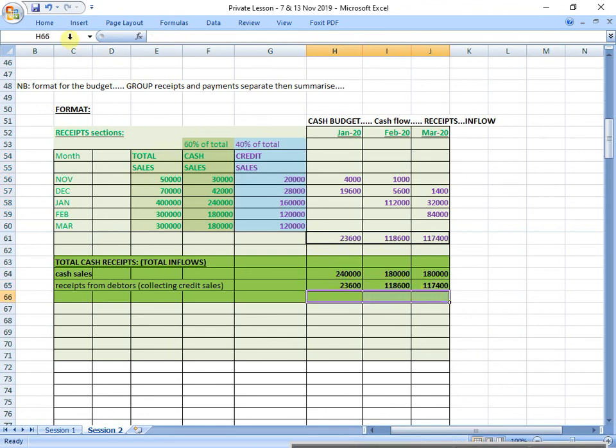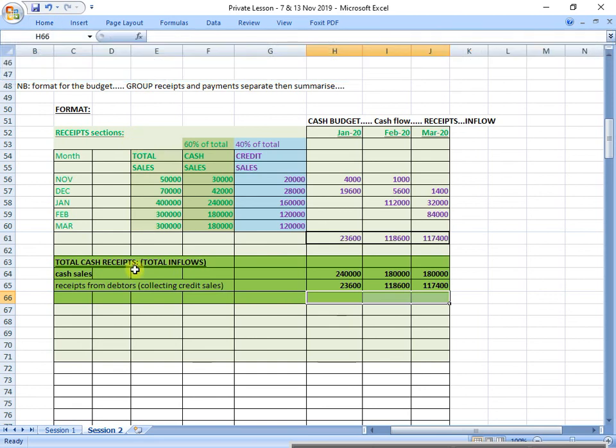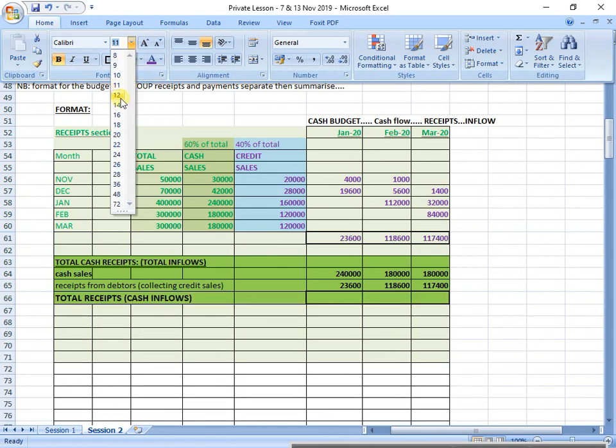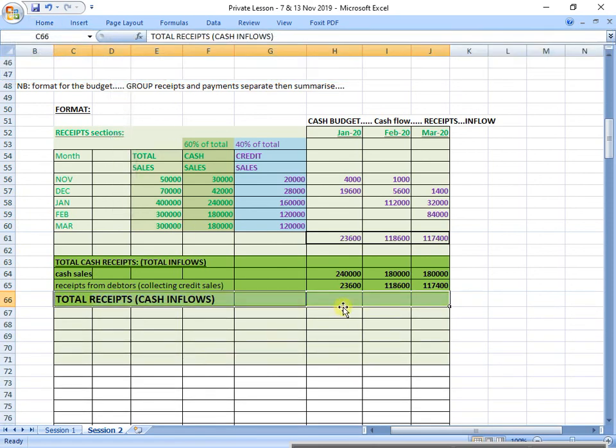Right, then I can summarize and I can add up all my receipts. And I can put a heading here. Total receipts, cash inflows. Okay, so what are my totals? Let's check.